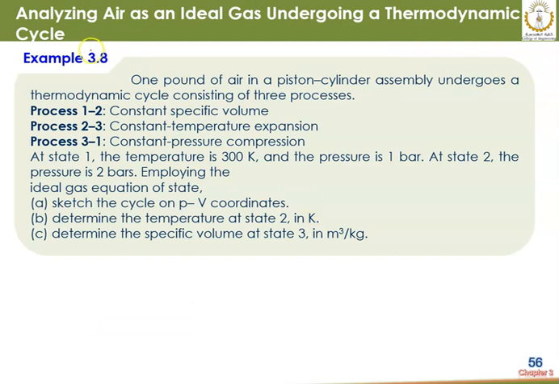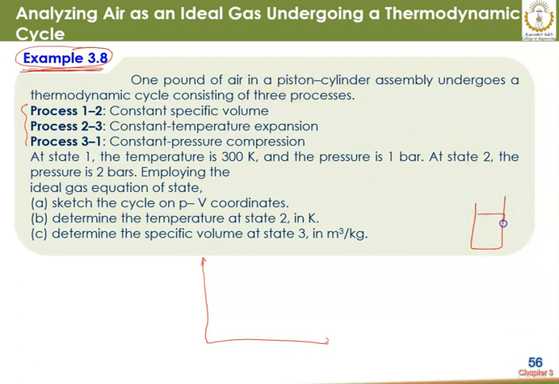This is an example. I'm not going to go through it, but I encourage you to see it in the book. Go there, read it, and see how it's solved. Maybe I will just try to draw processes, because some of you asked me about how to draw the PV diagram. So here we have 1 pound of air in a piston cylinder assembly.